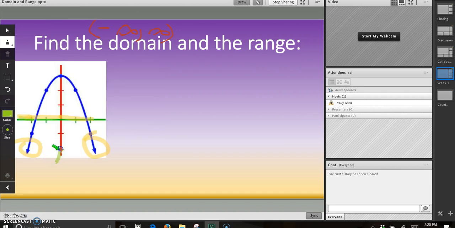Now down, we have two arrows, and those keep getting more negative, so we'll have a negative infinity. And as we go up, whoa, it stops right there. That value is 0, 1, 2, 3. That y value is 3, and it stops. So the domain is negative infinity to positive infinity, and the range is negative infinity to 3.